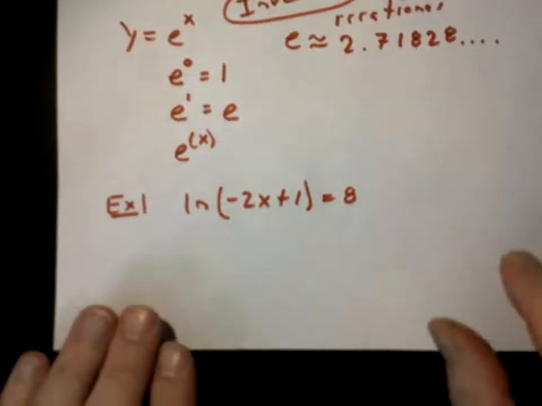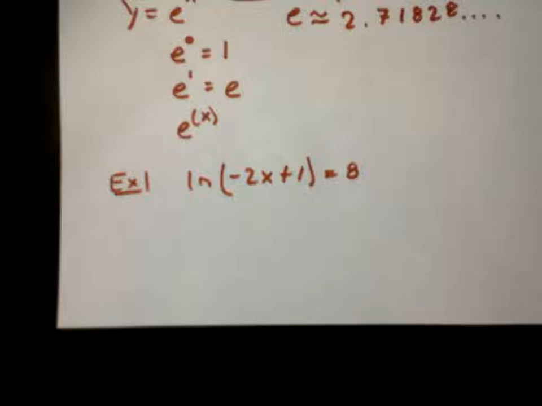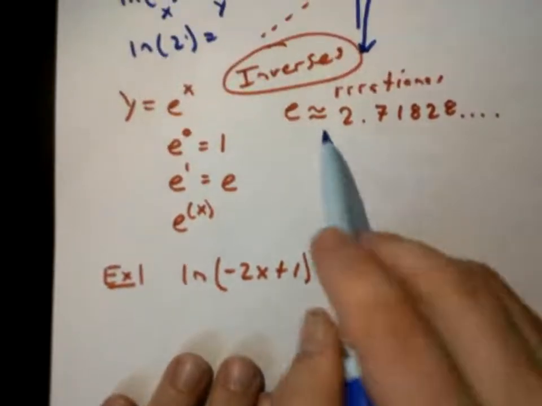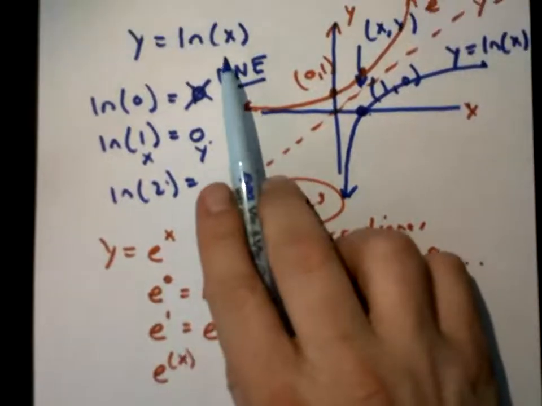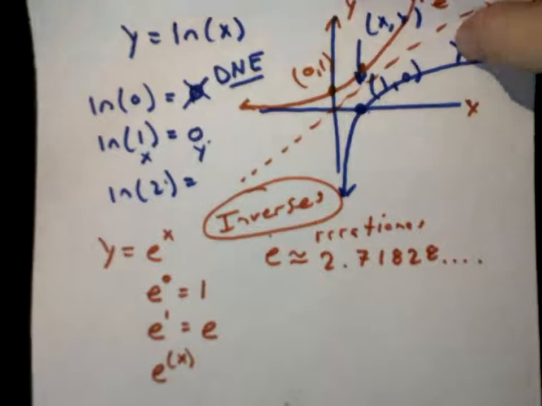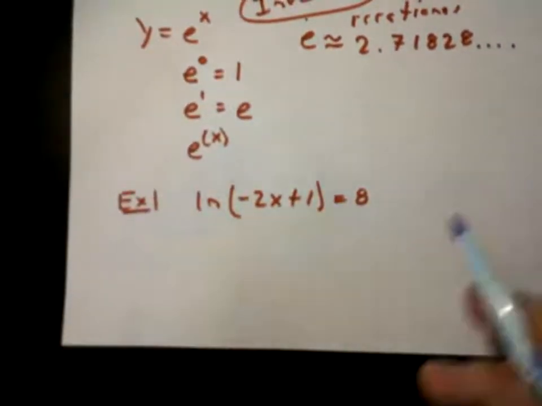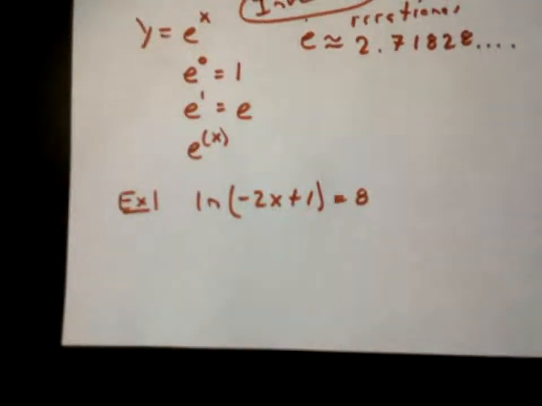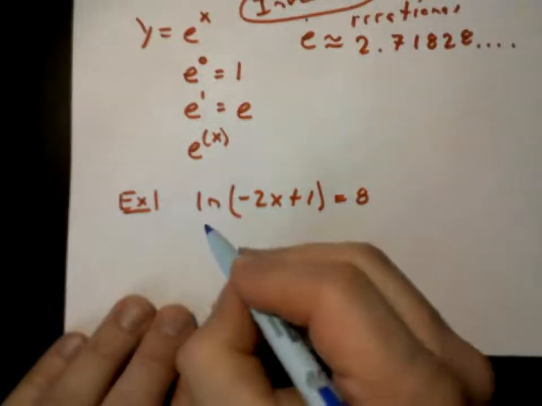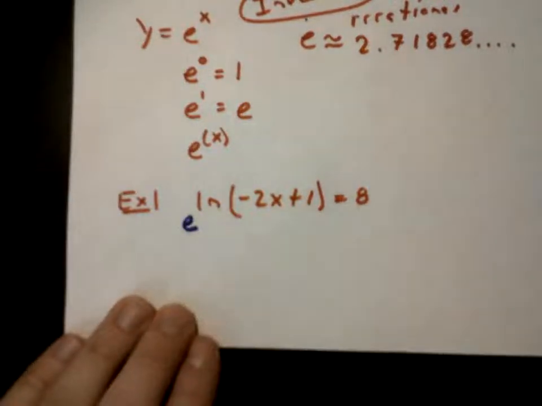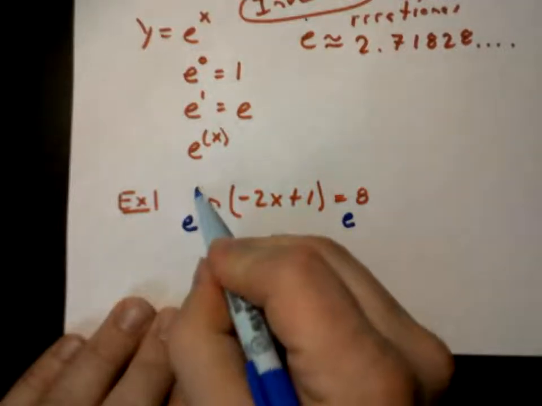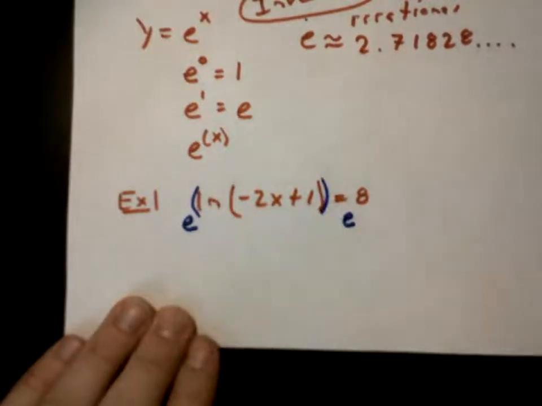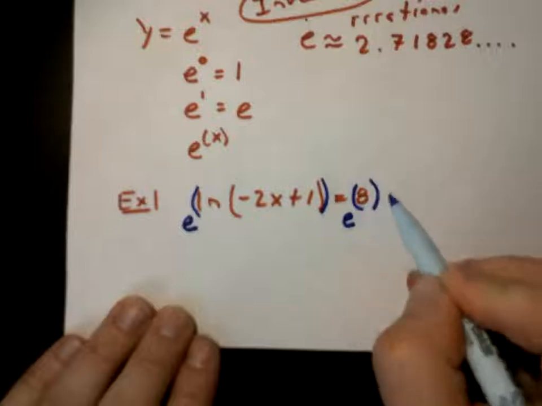Now, we're probably thinking, okay, how do I interpret this? Just remember that these are inverses. E and natural log are inverses. So what can I do? Well, what if we put an e right here and put an e here? That means that e is all that junk now, and this e is all that.